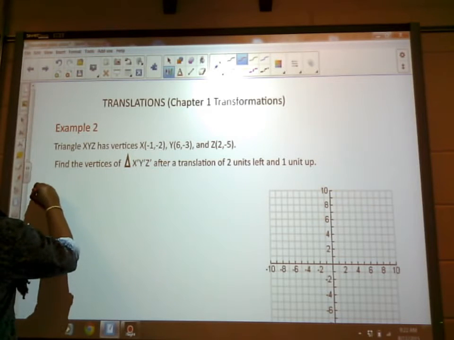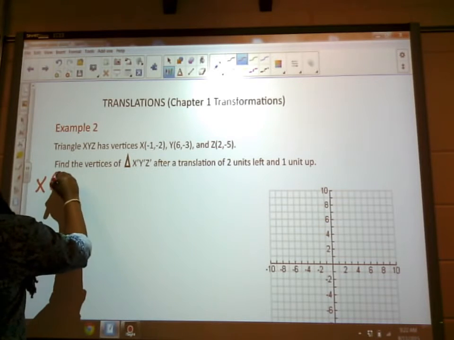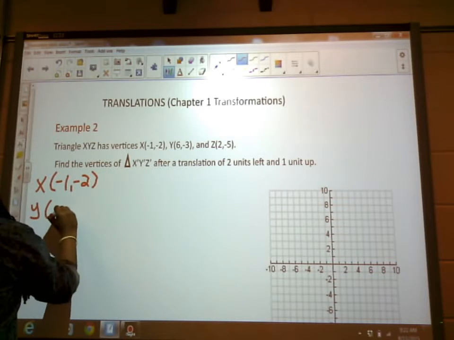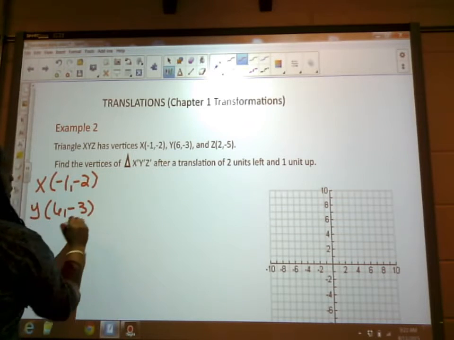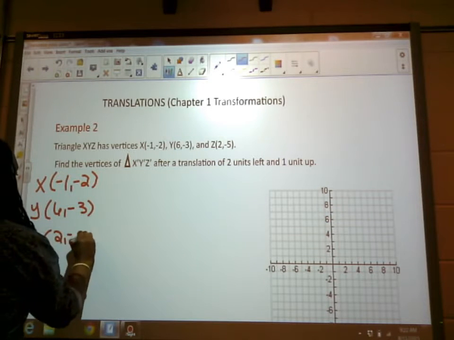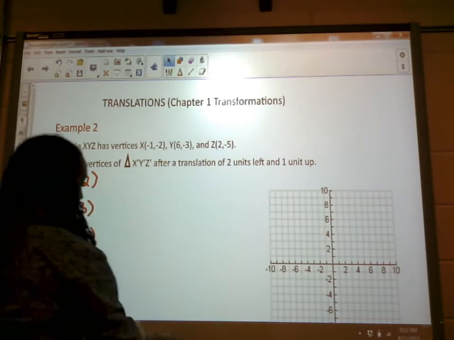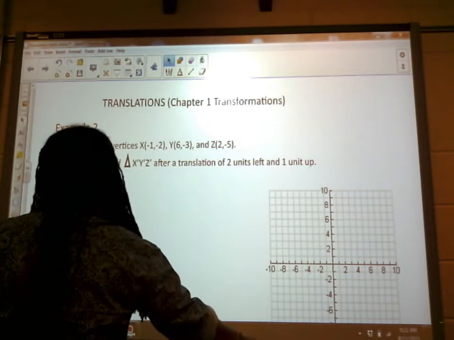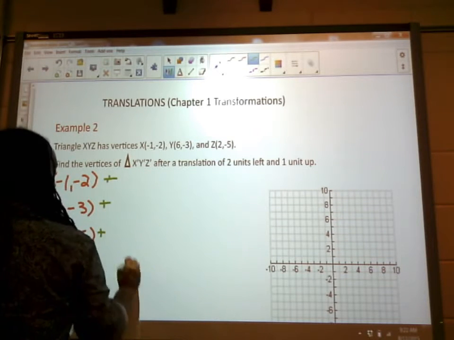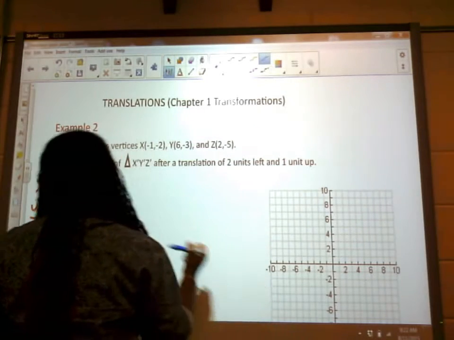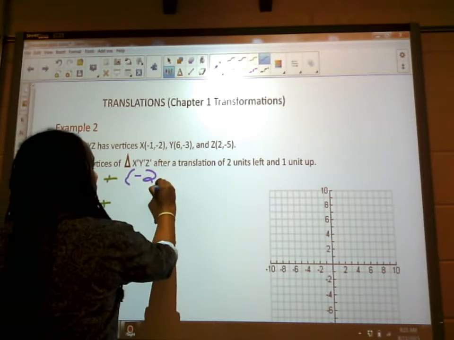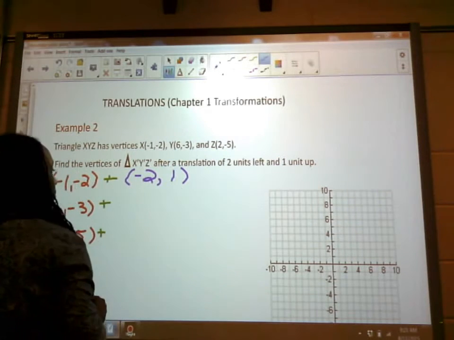So, I'm going to take X, which is (-1, -2), Y, which is (6, -3), and Z, which is (2, -5). They want me to translate 2 units left, which will be a -2, and 1 unit up, which is a +1.